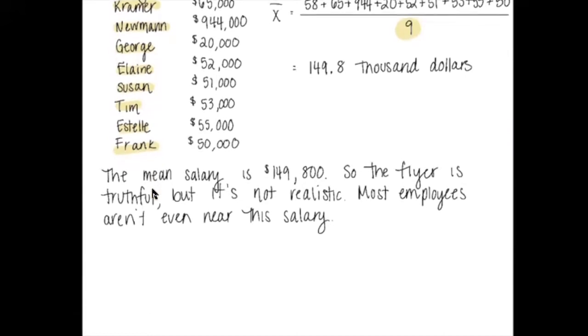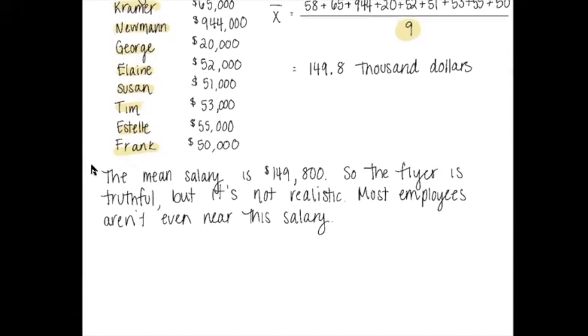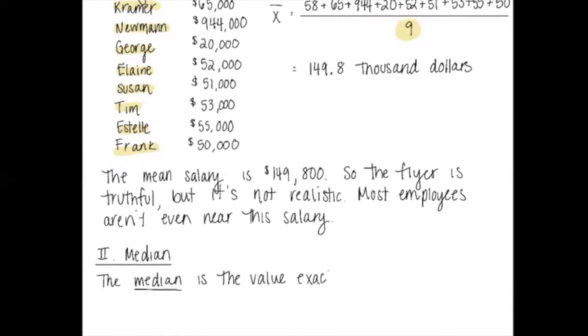Okay. So instead, let's look at some different measures. Our second one is going to be the median. So the median is the value exactly in the middle of the data.